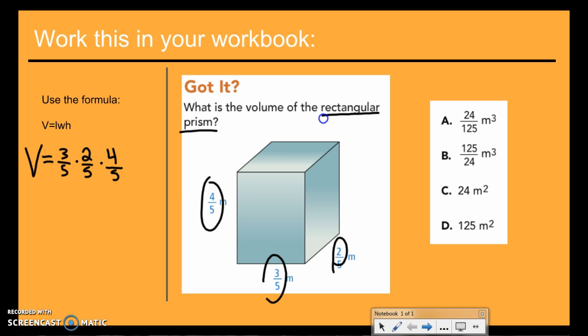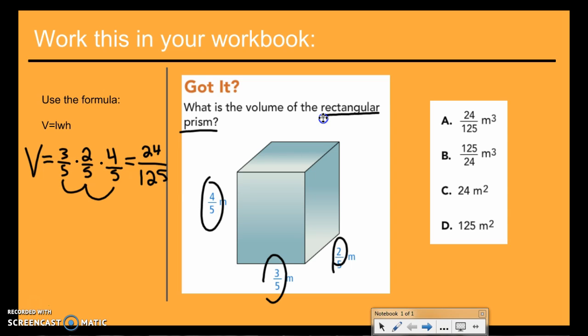Now what you have to do is multiply it together. 3 times 2 is 6, times 4 is 24. 5 times 5 is 25, and if you have 5 times 5 is 25, and if you have 5 quarters, you have 125, or $1.25.